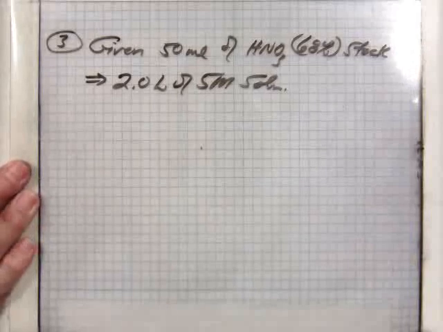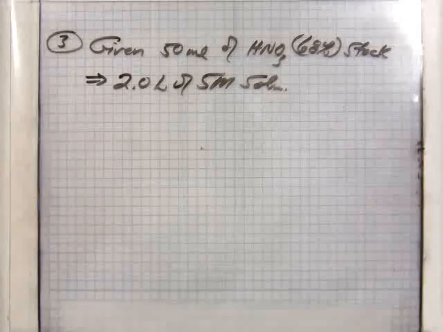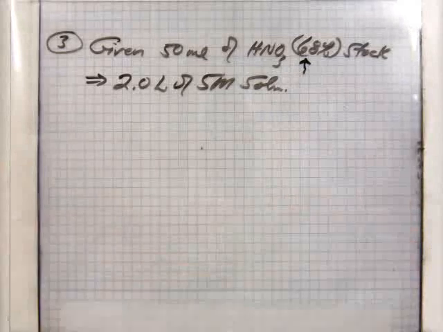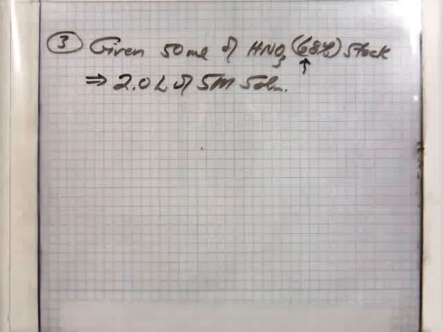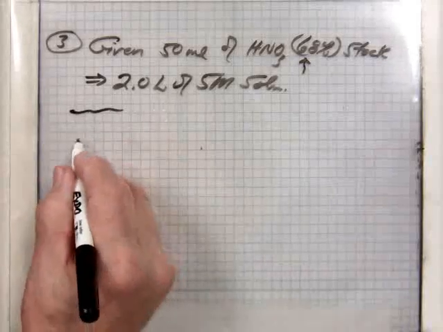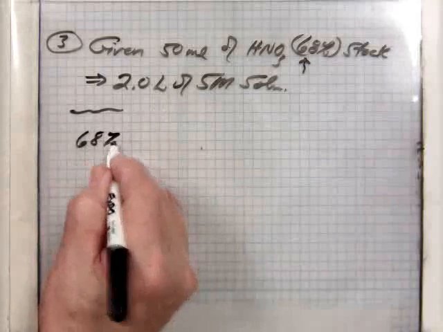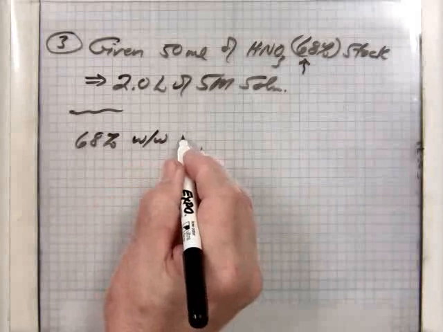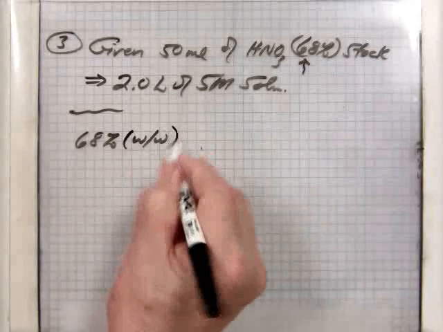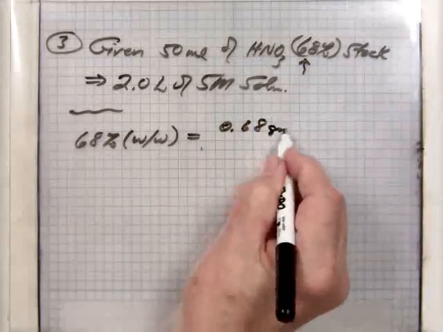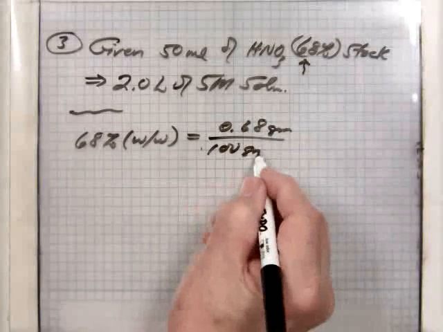There are a couple of ways to work this one. If you have a 68% stock solution and you want to convert that to moles per liter, one way is that 68% is a weight ratio, meaning 0.68 grams per 100 grams of solution.